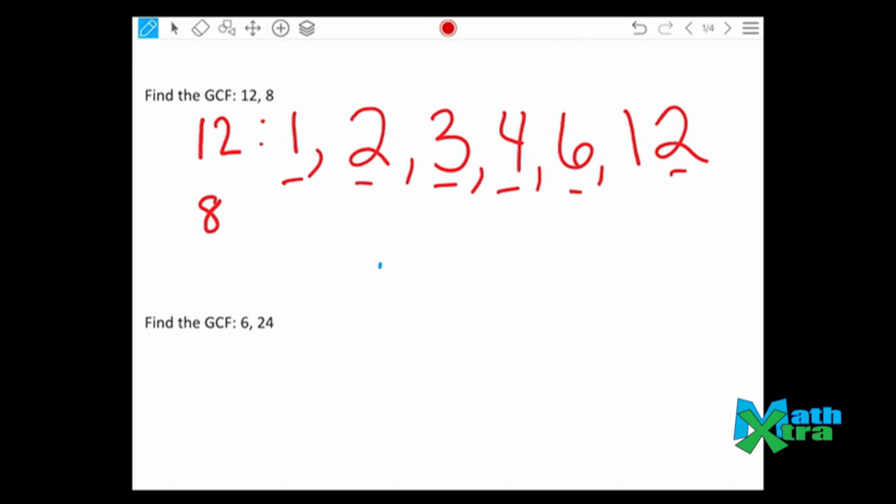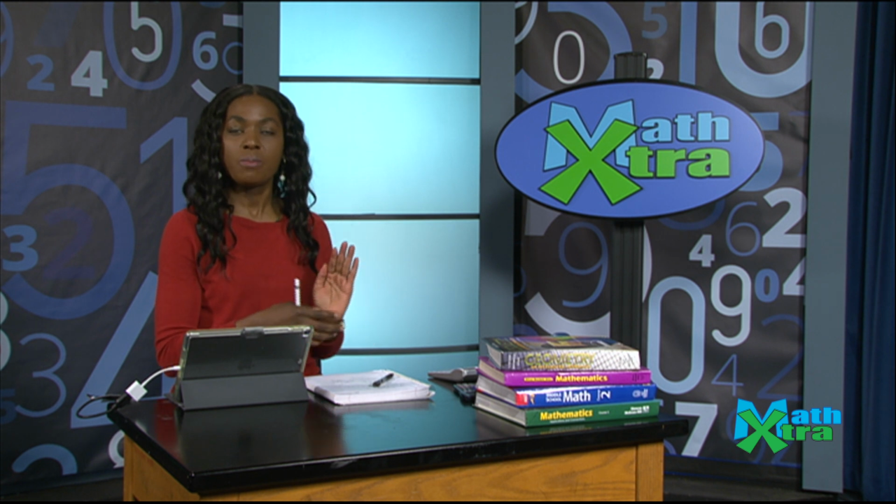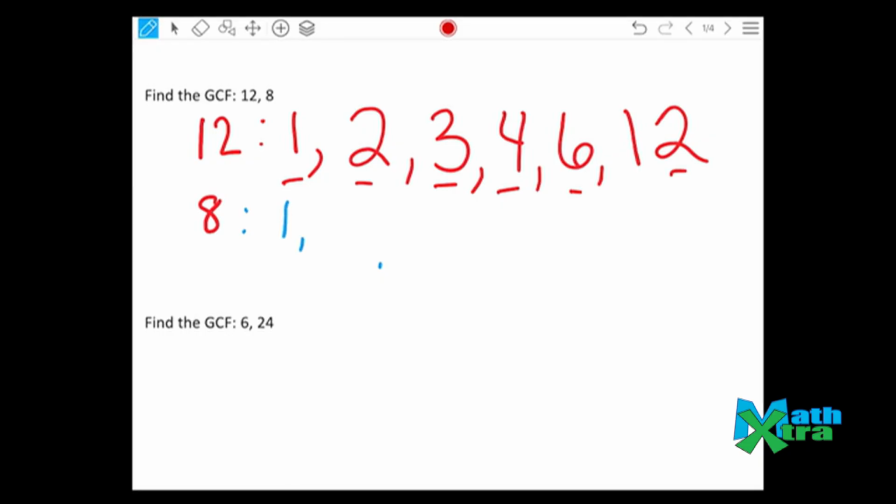All right, let's take a look. Remember, these are factors. Let's take a look at 8. We're thinking about factors, the two numbers multiplied together that give us the main number we're talking about. We're talking about 8. We have 1, 2, 4, and 8. Remember, 1 times 8 is 8. 2 times 4 is 8.